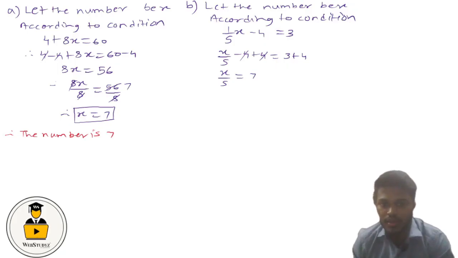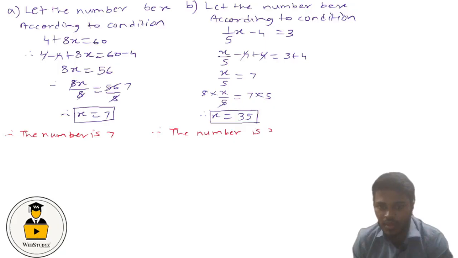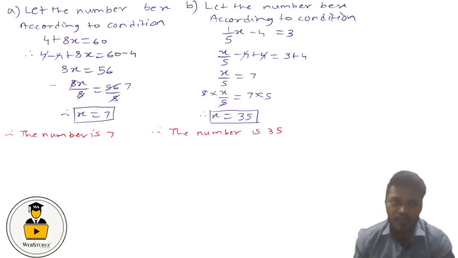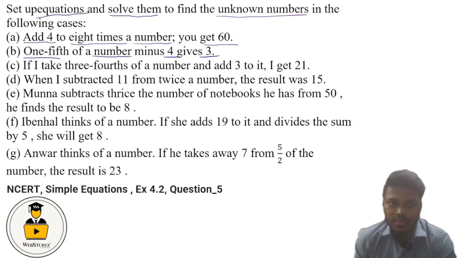So this will be 5 into x/5 equals 7 into 5. This 5 will get cancelled and therefore we will get the value of x as 7 into 5, which is 35. And x is our number, so therefore the value of the number is 35.